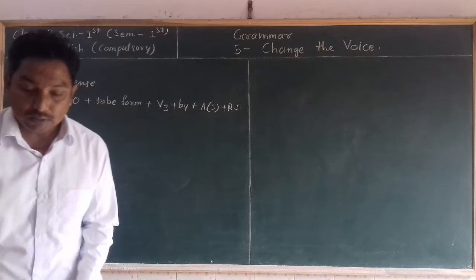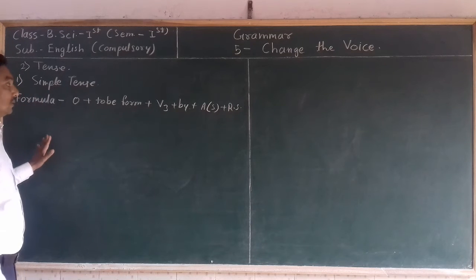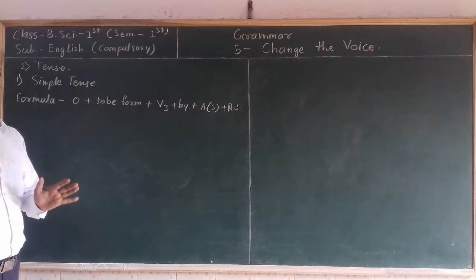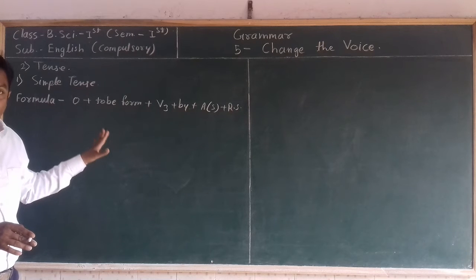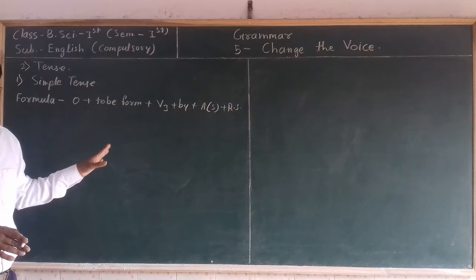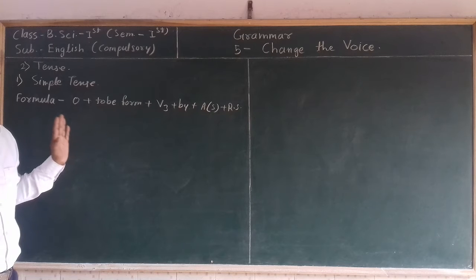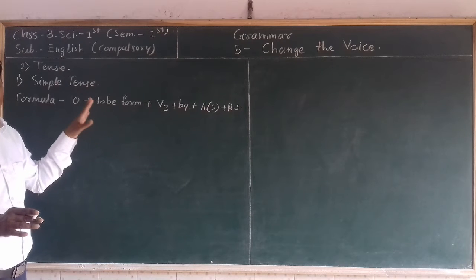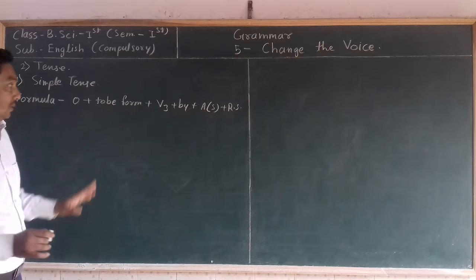So, by using this formula, we can transform any simple tense from active voice to passive voice. First we need to identify the given sentence is a simple sentence, and that it is from simple present tense, simple past tense, or simple future tense. We have to identify this. Then we can use this formula and change that sentence from active voice to passive voice.